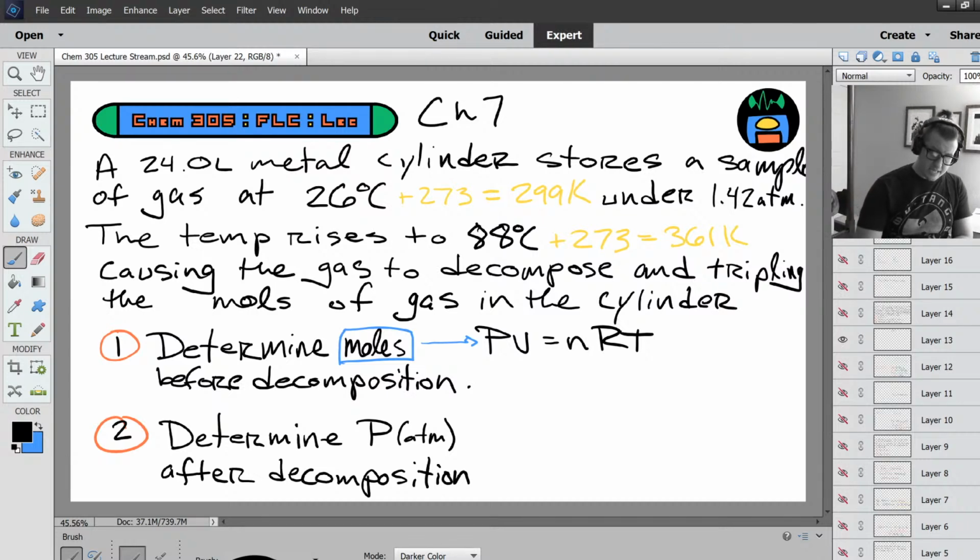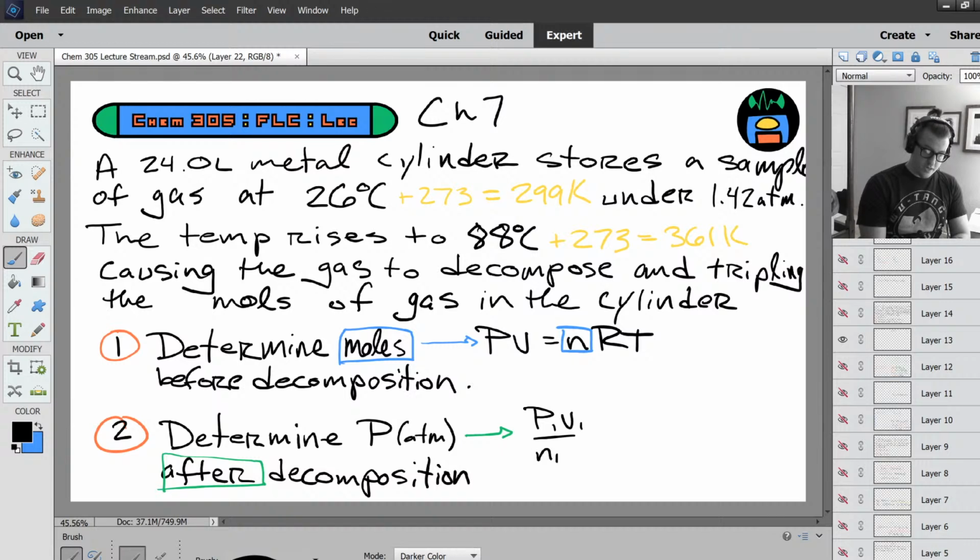So we have the ideal gas law to determine our moles before the decomposition. But after our decomposition, that will be another scenario. For after the decomposition, we're dealing with a combined gas law situation.